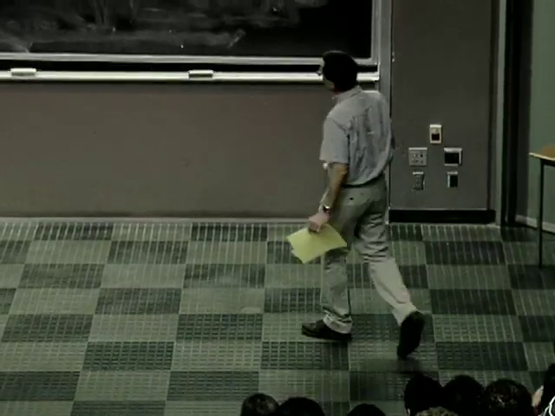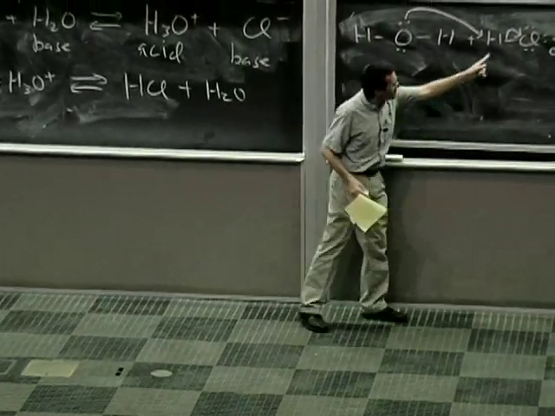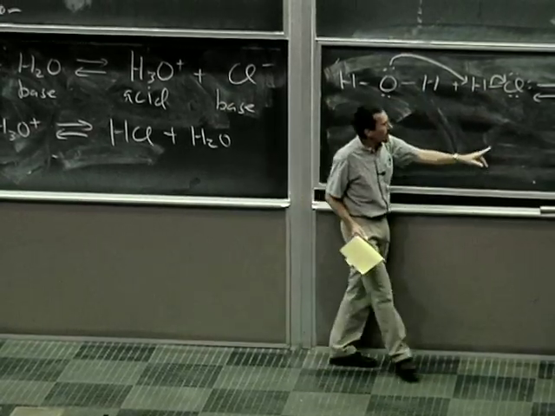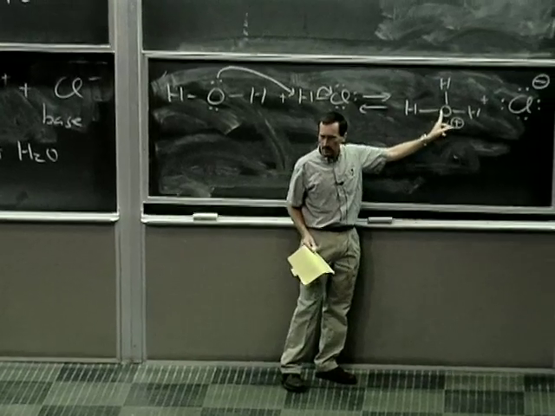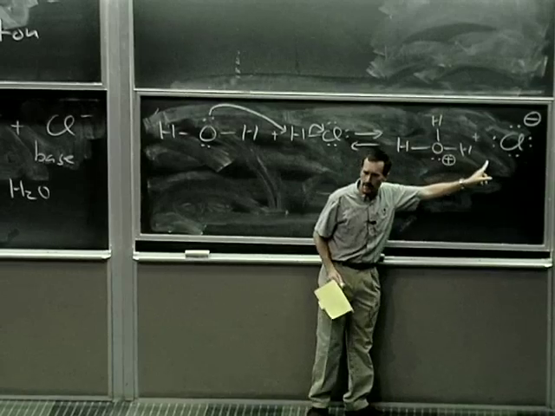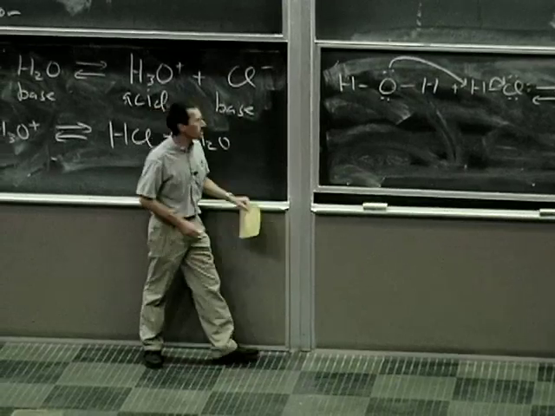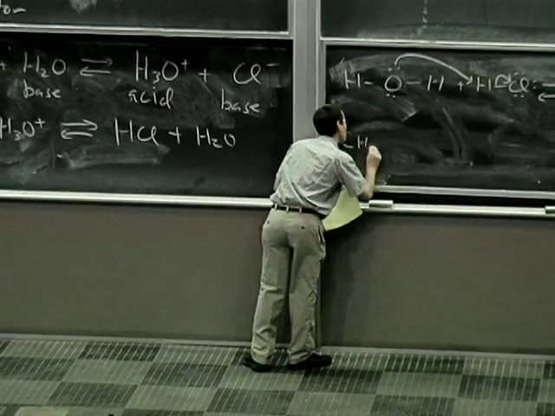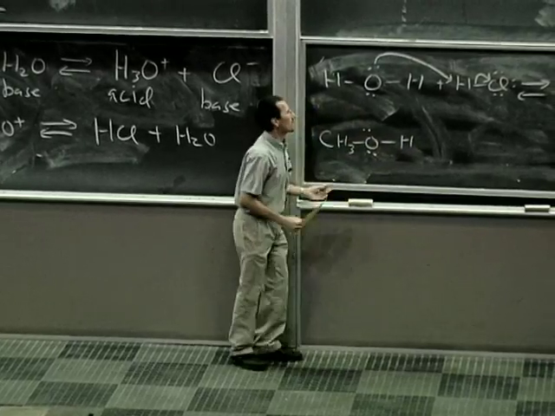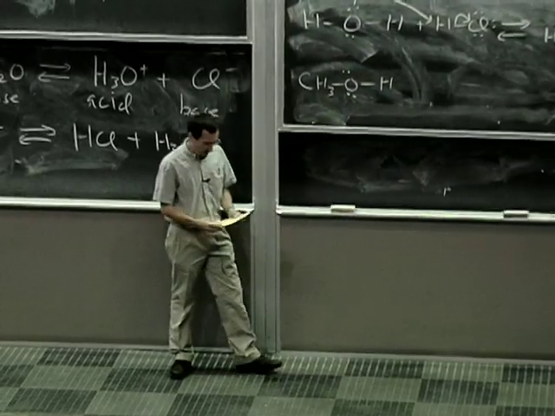For example, instead of adding hydrogen chloride gas to liquid water to get aqueous hydrochloric acid, which is a solution of hydronium ion and chloride in water, if I had done the same reaction with methanol, CH3OH, we can predict what would happen.